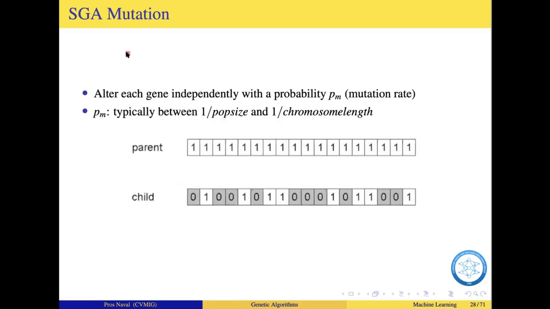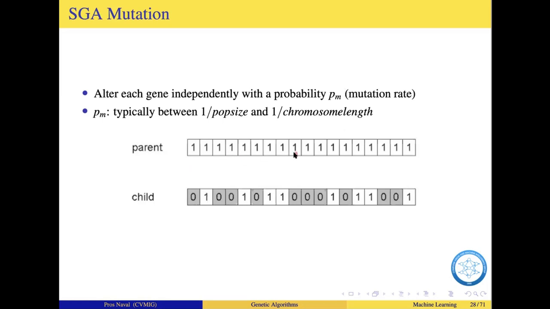Now let's talk about mutation this time. In mutation, we alter each gene independently with probability PM, which is your mutation rate. PM is typically between 1 over population size and 1 over chromosome length.